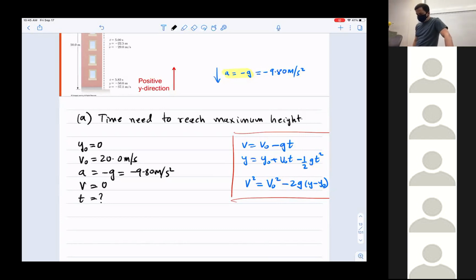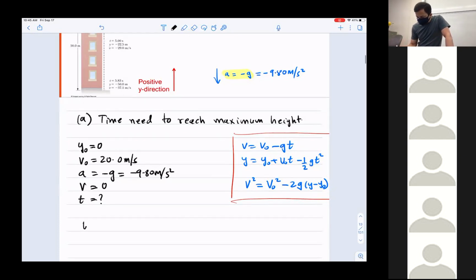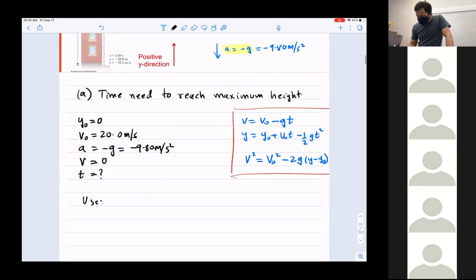So what can we do to find our time? Can we use the first equation? Yes, we can. We hit the jackpot right away. So we can go ahead and use v equals v naught minus gt.